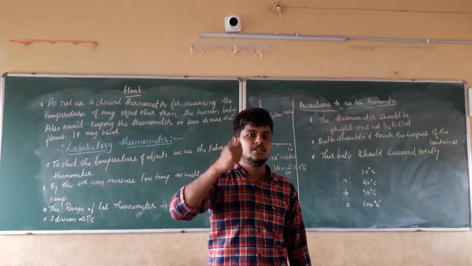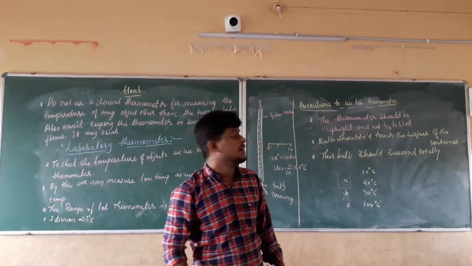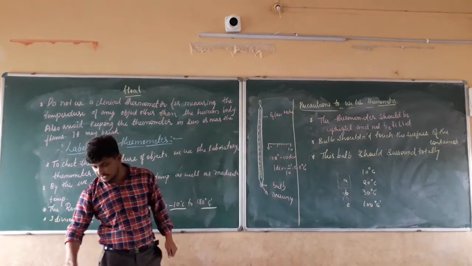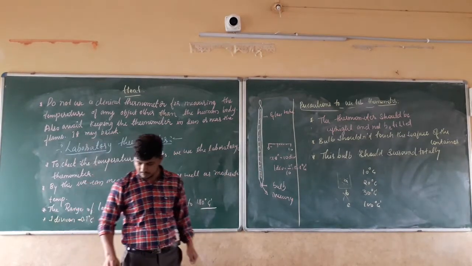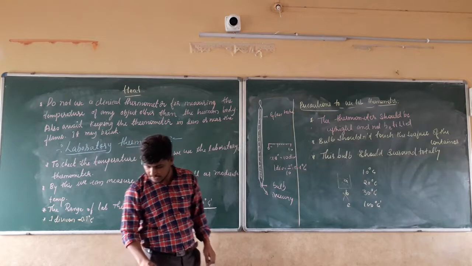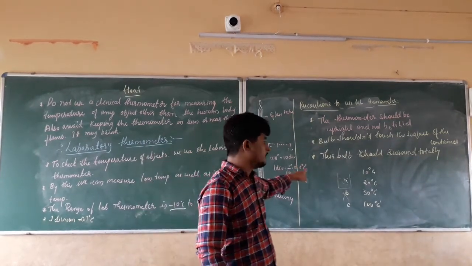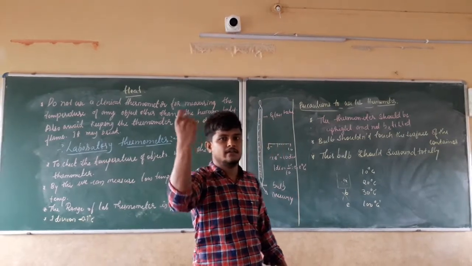By removing the thermometer, we can't see the readings accurately. By this we can say that the laboratory thermometer should be present in the container when we check the readings.